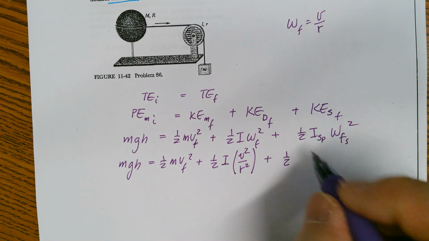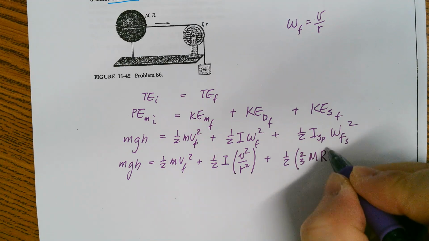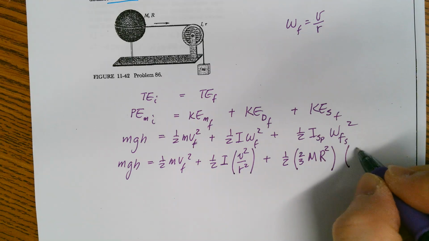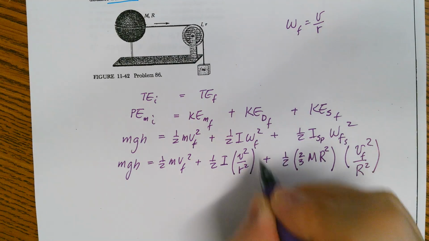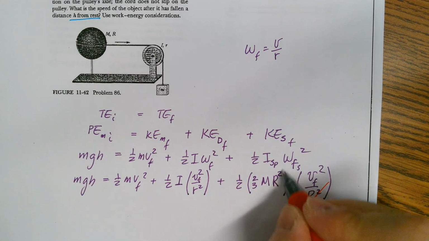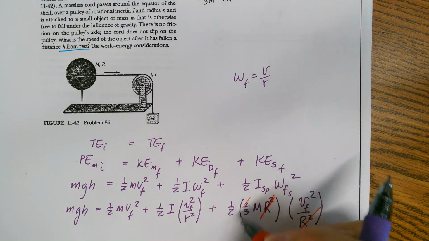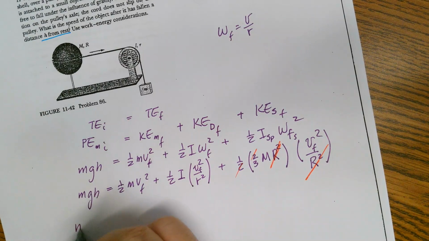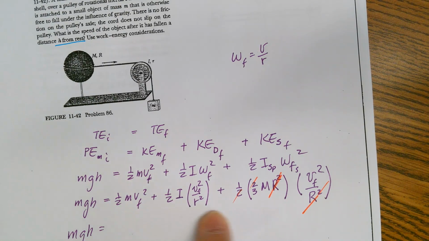The moment of inertia for the sphere happens to be 2/3 mr squared. Replace omega final with vf squared over r squared. So notice how this r will cancel out with this r squared, right? And this 1/2 and this will cancel out. So mgh is equal to all this mess, right?